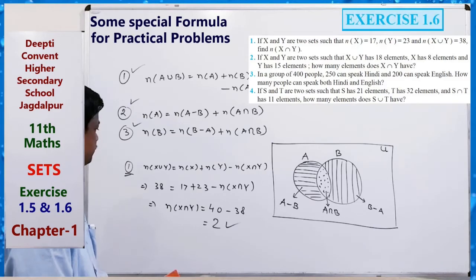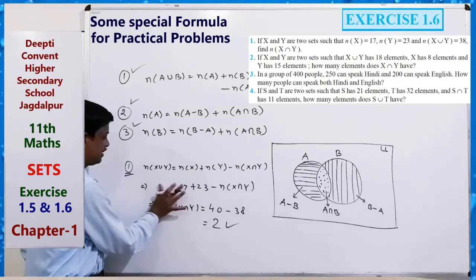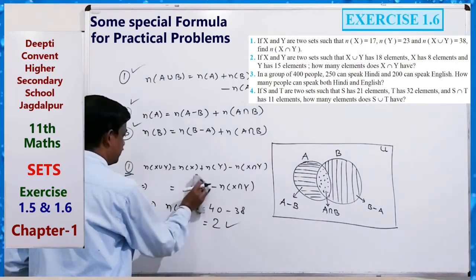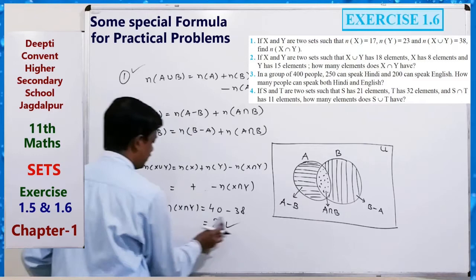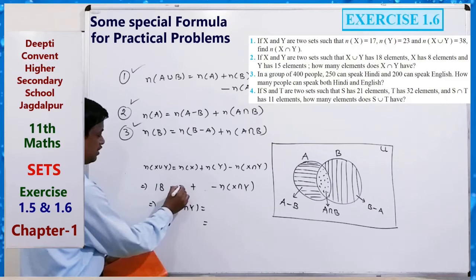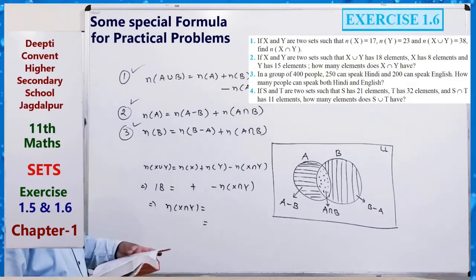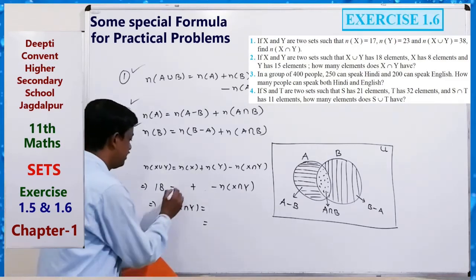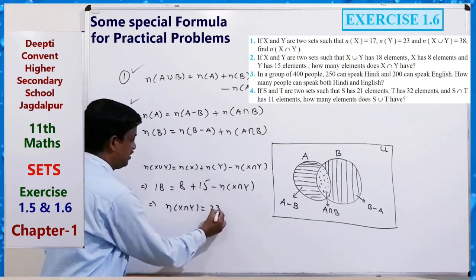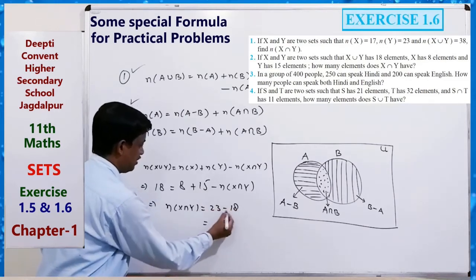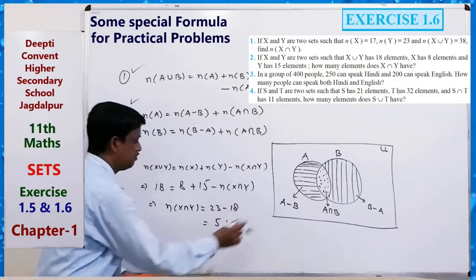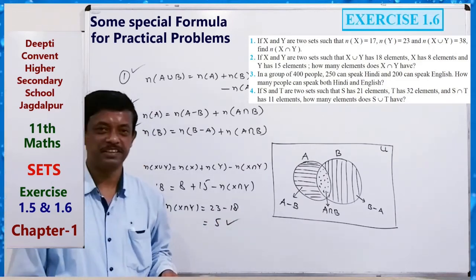Same question, only here 18. Question 2 is the same. With 8 and 15, 8 plus 15 minus 18, 5 is the answer. Okay, 5 is the answer.